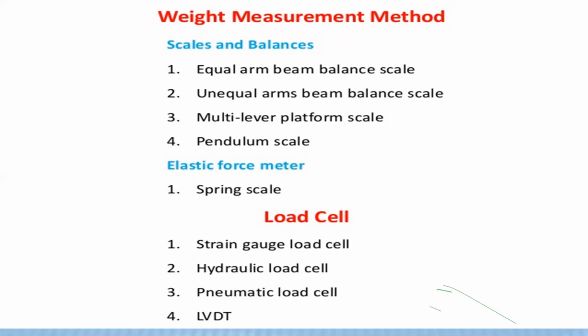Next one, elastic force meter. For the elastic force meter, a spring scale is used, and that spring scale is also used to calculate the unknown force. The other measuring device is the load cell. The types of load cells are strain gauge load cell, hydraulic load cell, pneumatic load cell, and LVDT, linear variable differential transformer.